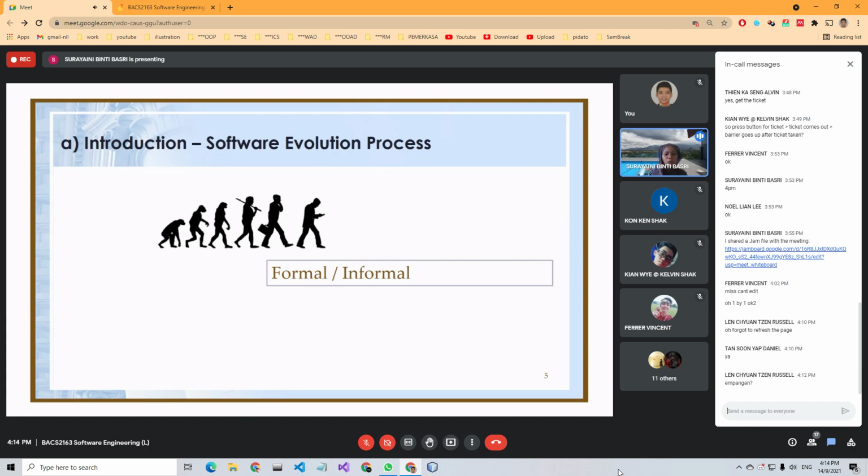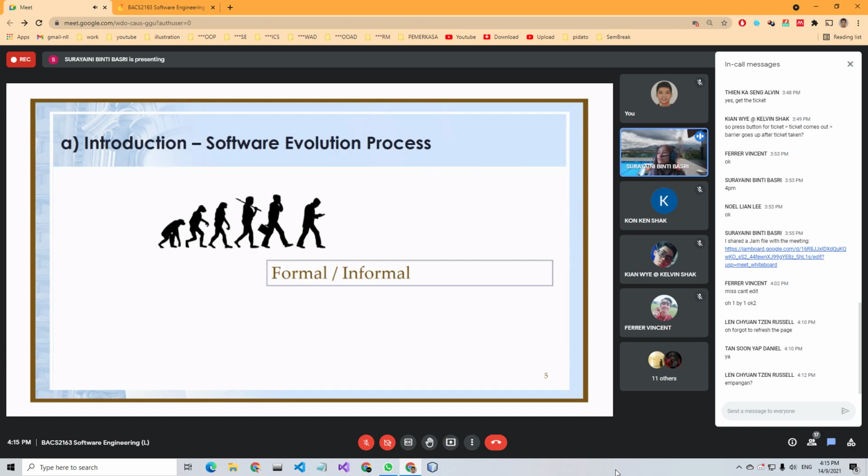If it is formal, it means they have exact or planned processes or activities that need to be done. Maybe they schedule that every 1 month they will do some checking, or maybe a meeting. It is already scheduled, in the plan, so it is considered formal.